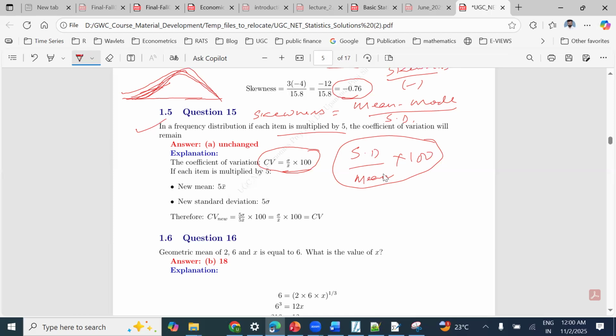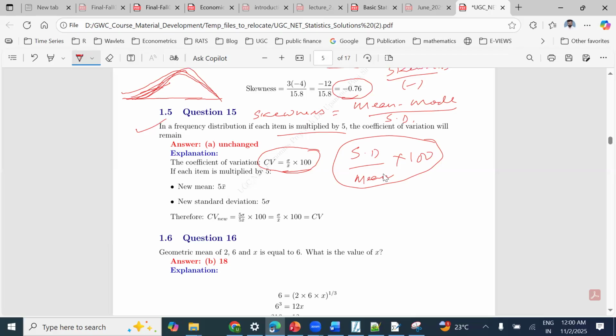The keyword is relative: we are comparing two distributions or series in different units.